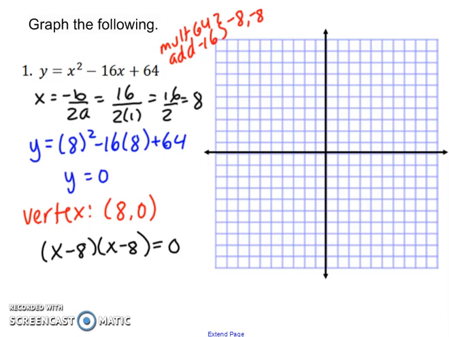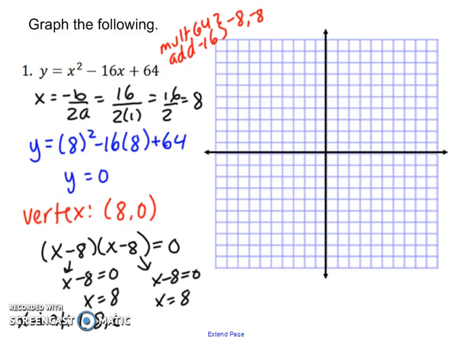I want to find my x-intercepts, so I set each of these to 0. So x minus 8 equals 0, x equals 8. x minus 8 equals 0, x equals 8. They both are the same. So that means my x-intercept is (8, 0).